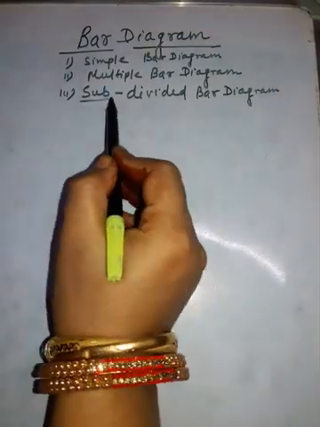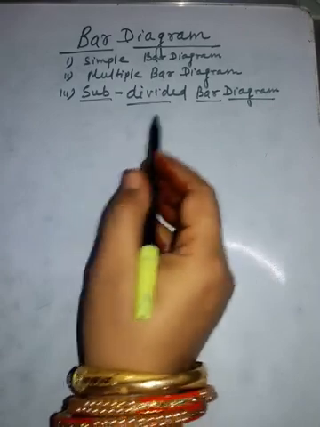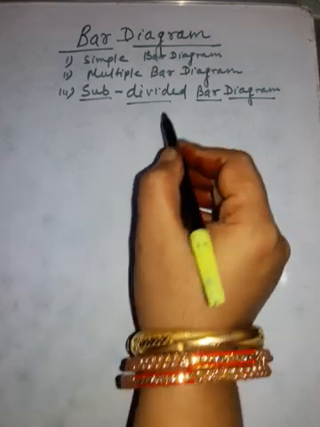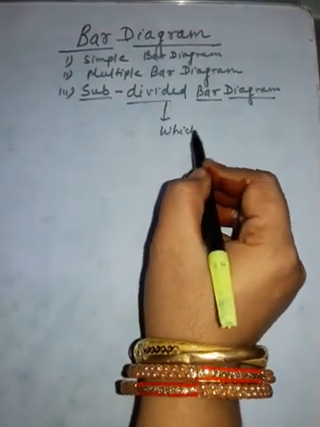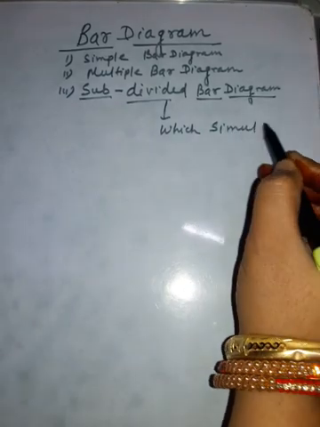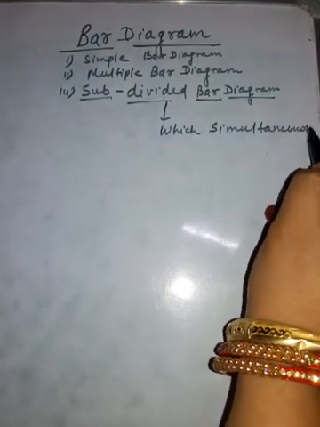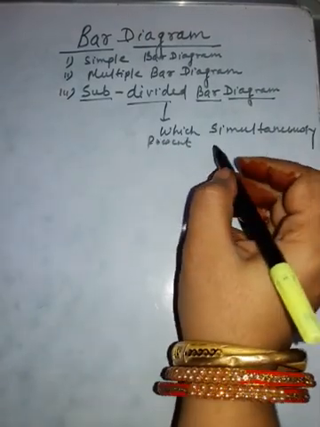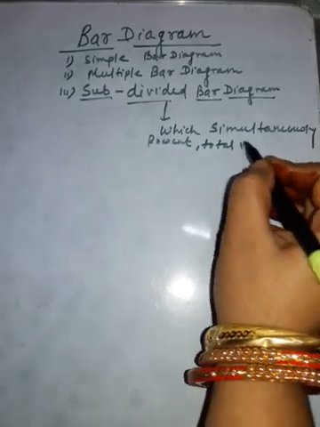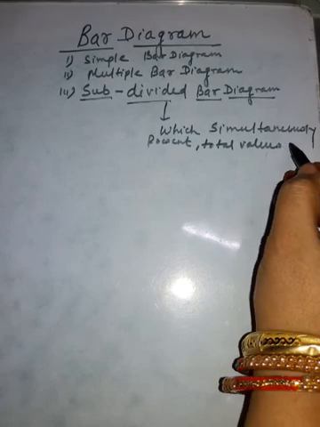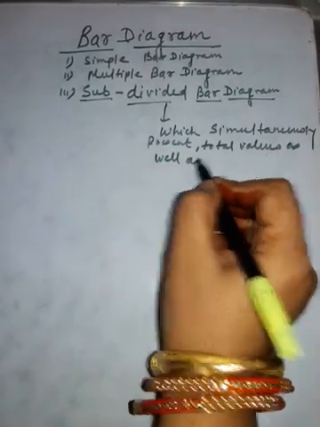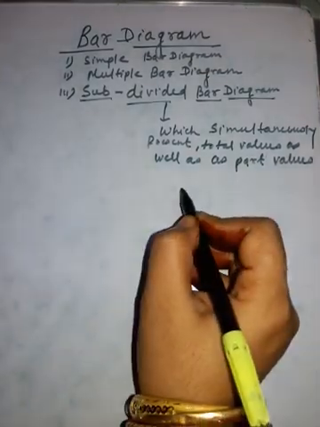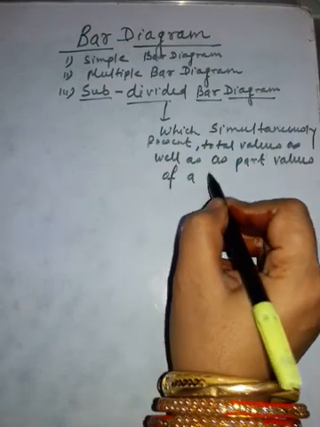Now students, subdivided bar diagram. What is a subdivided bar diagram? Subdivided bar diagrams are those diagrams which simultaneously present total values as well as part values of a set of data.